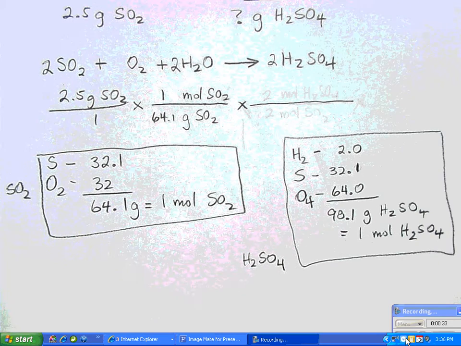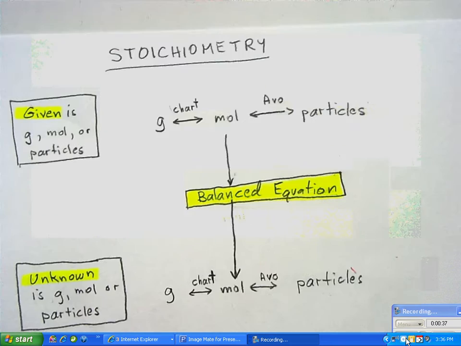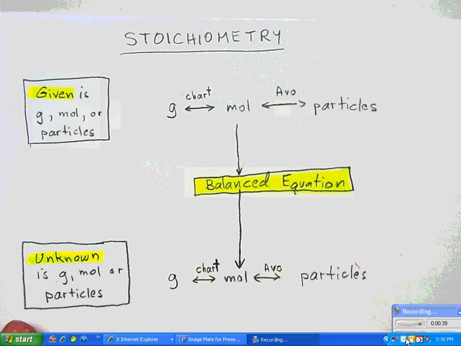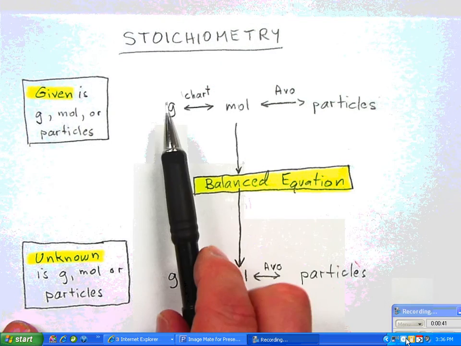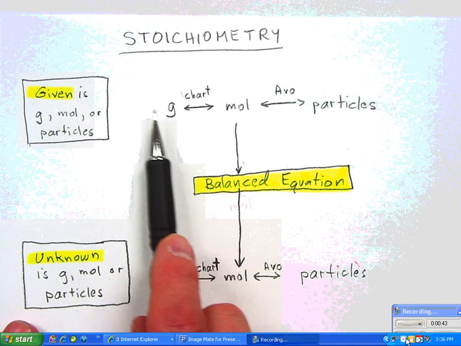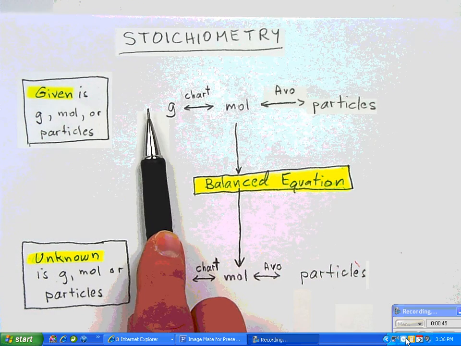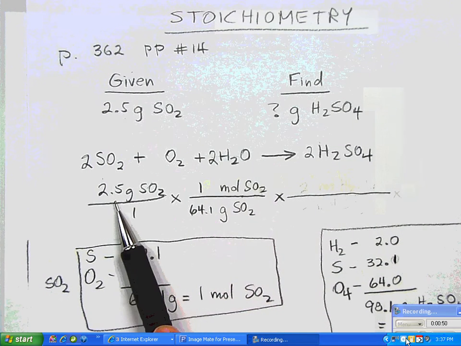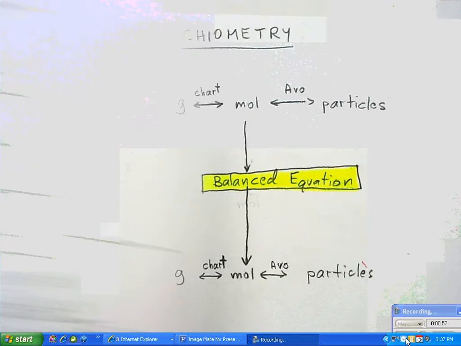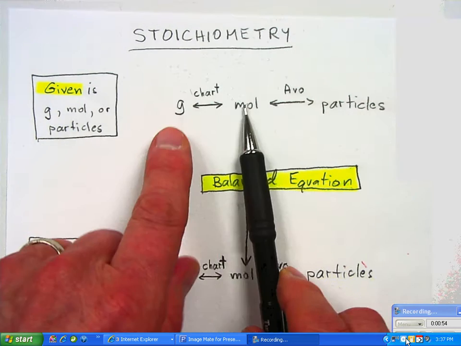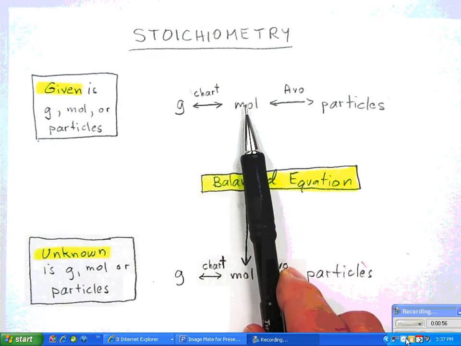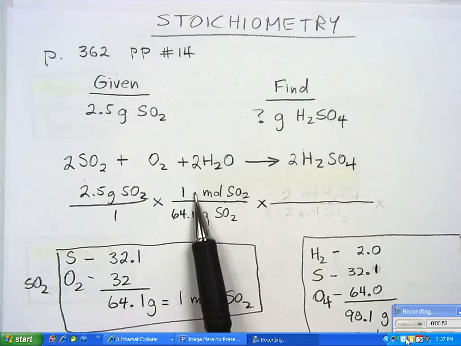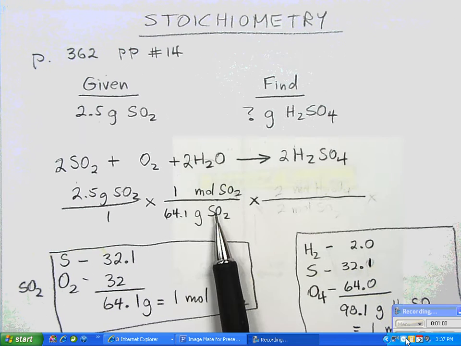And just as a review, if we go back to our little chart on stoichiometry, we had gotten from a couple of fractions, we had the given over 1, that was this guy right here. And then we had changing from grams to moles of SO2, that was this guy right here.